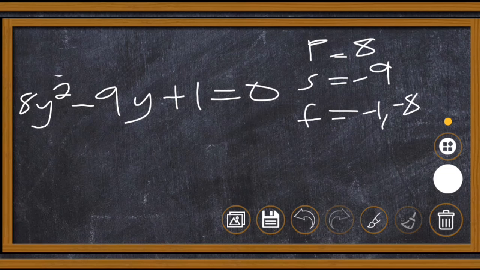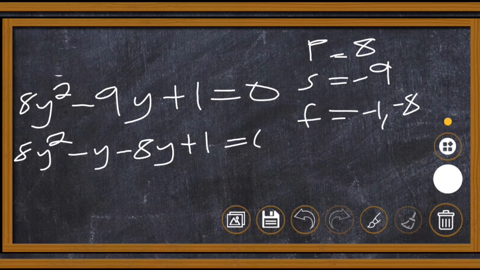So we are going to replace these values where we have the coefficient of y. So we are going to have 8y squared, then minus 1y, which is the same as the coefficient present in the given quadratic equation, and then minus 8y, then plus 1 equals to 0.